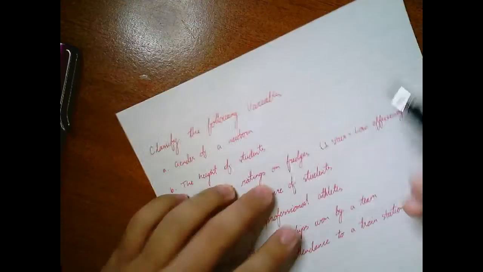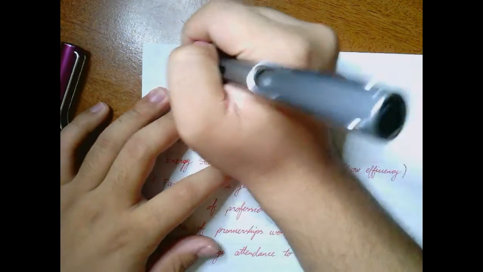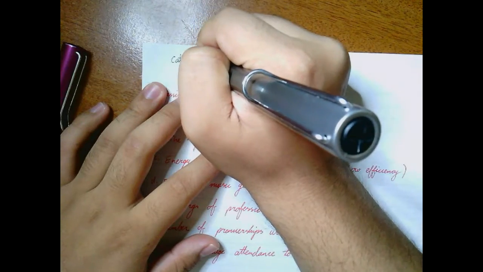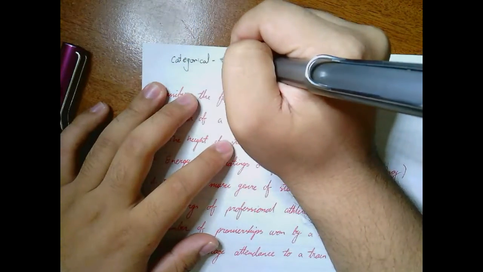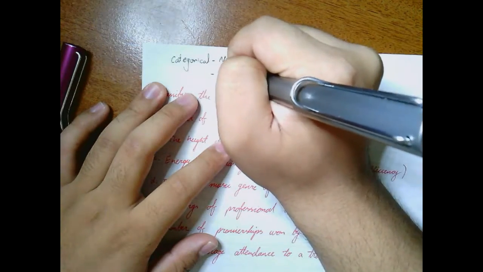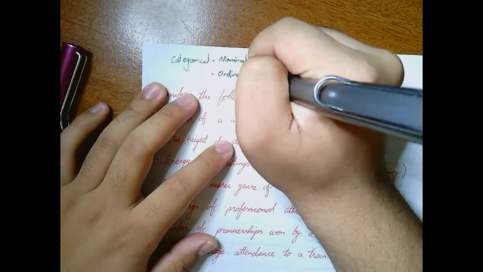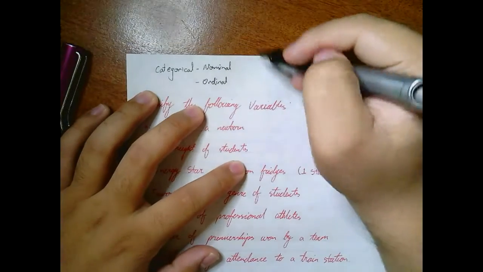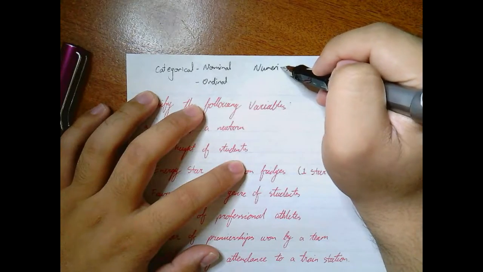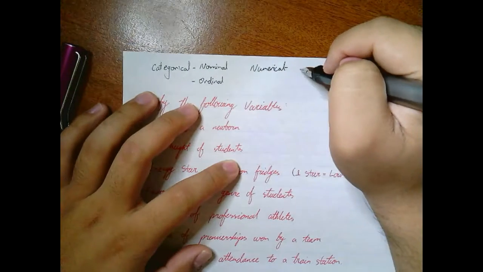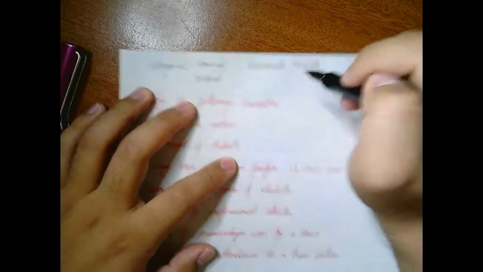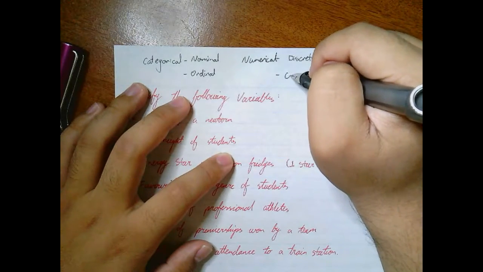We could get categorical, nominal, or ordinal, or we could get numerical. This could be discrete, or it could be continuous.